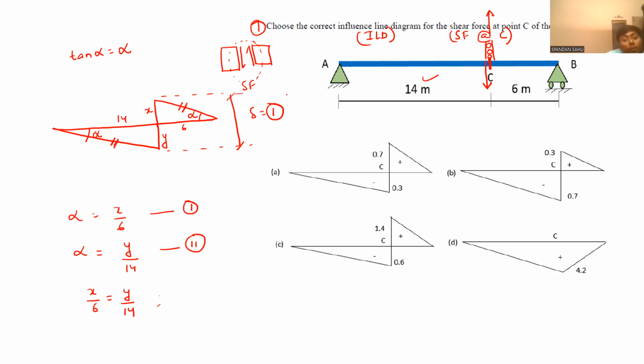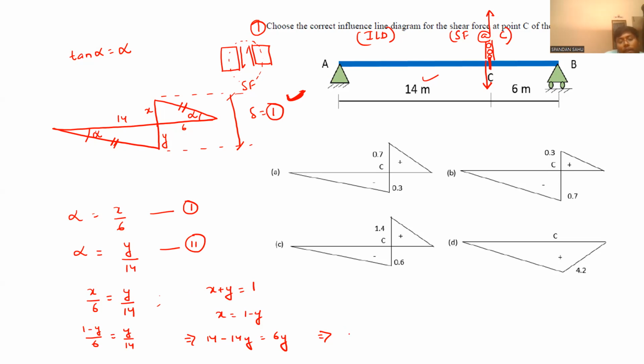And we are providing unit displacement, so x plus y will be equal to 1. Just simplify it. x equals 1 minus y. So (1 minus y) by 6 equals y by 14. So 14 minus 14y equals 6y.